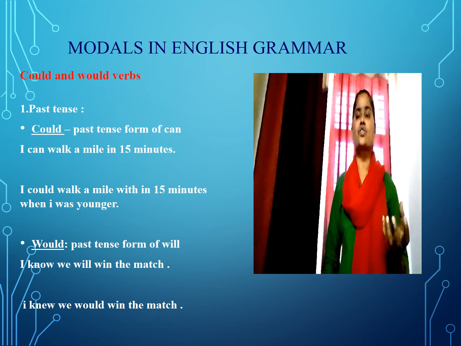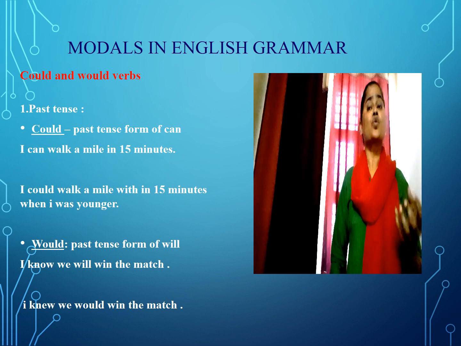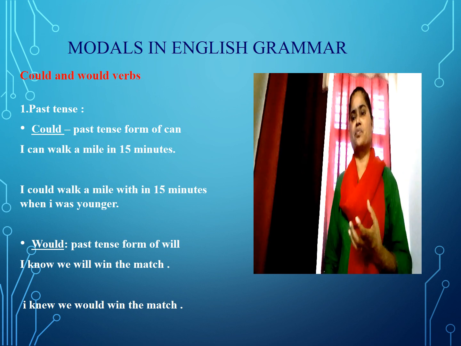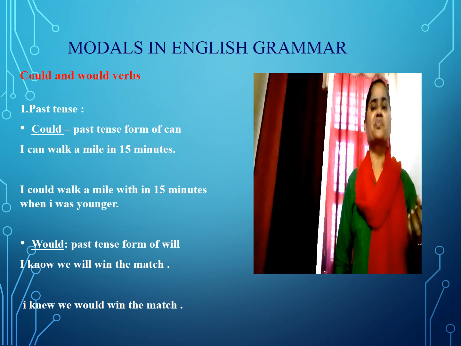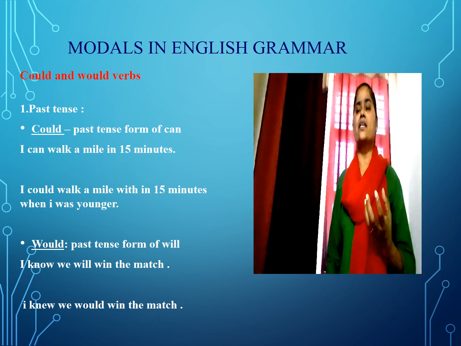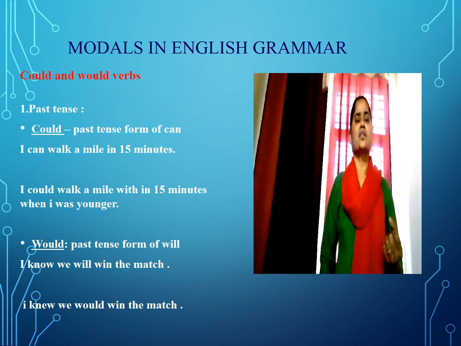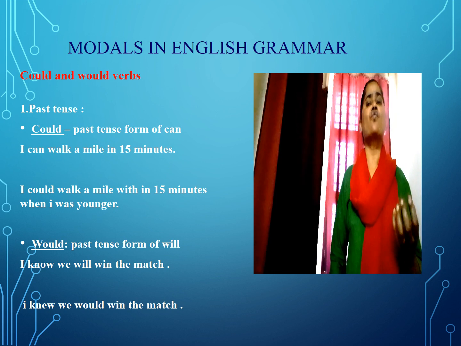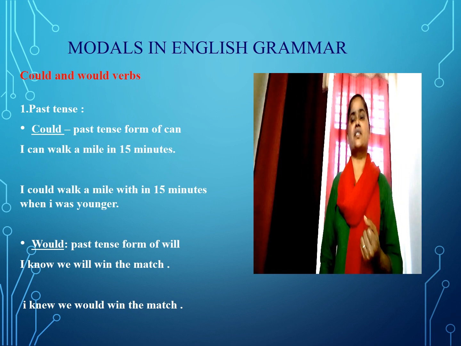This is the use of the past tense. Could is the past tense form of can. For example, I can walk a mile in 15 minutes. This means I have the ability to walk a mile within 15 minutes.